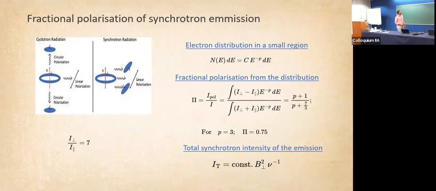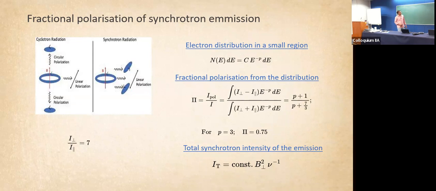This is just for one single electron, then one has to integrate it over the distribution of electrons, assuming a power law. Here we consider the power law index p to be 3. When we integrate it, the fractional polarization, which is defined as the intensity of the polarized light to the total intensity, comes out to be a simple formula.